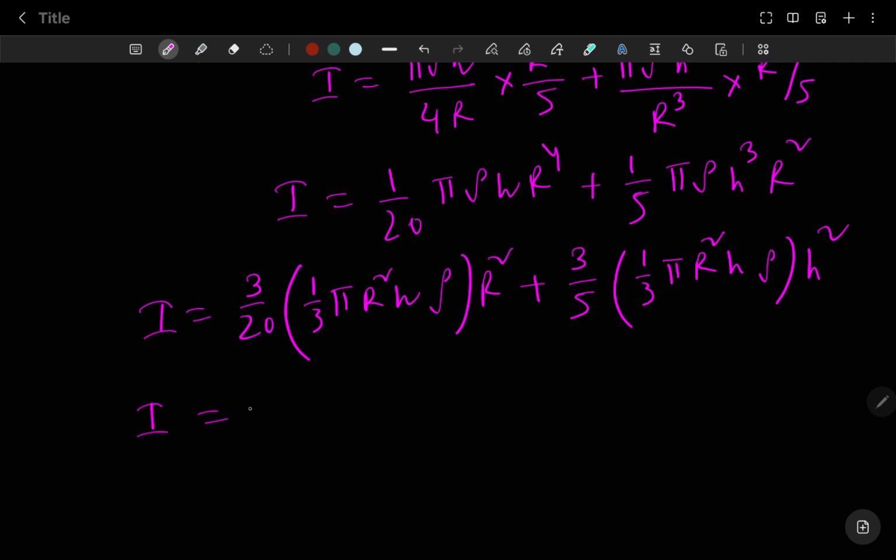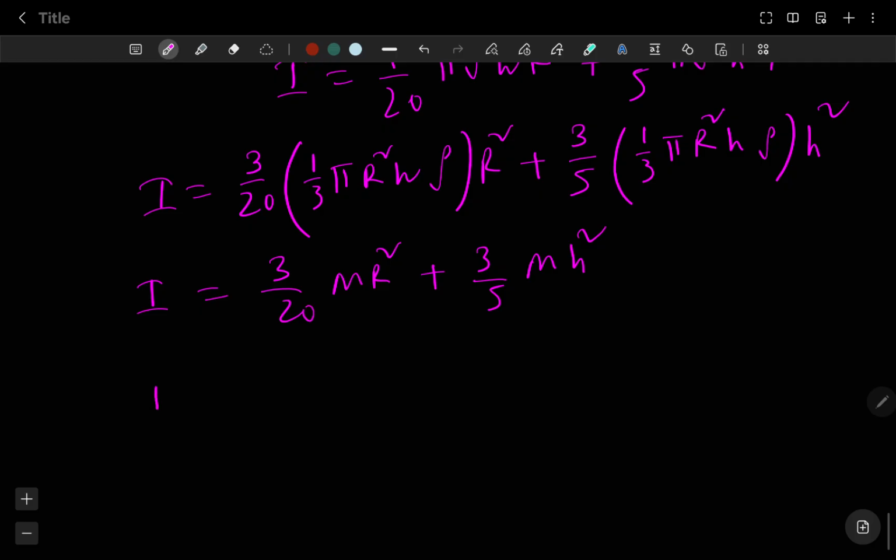So it is 3 by 20 m r square plus 3 by 5 m h square. Okay, so it will be 3 by 5 m into r square by 4 plus h square.